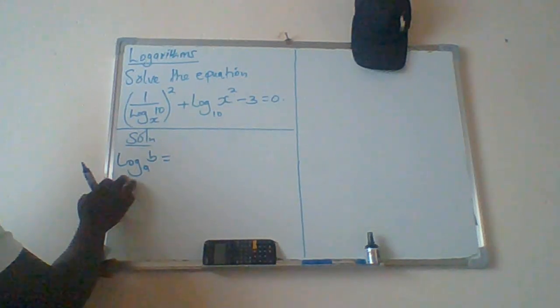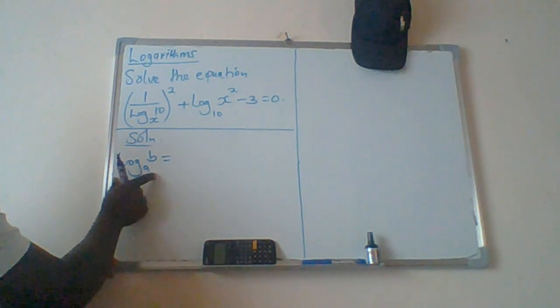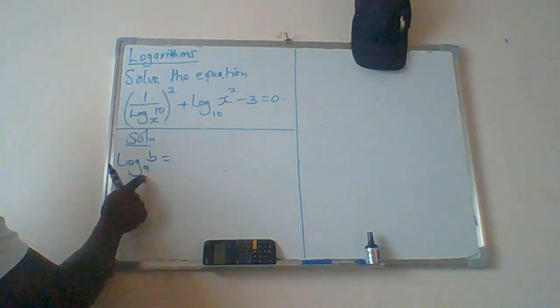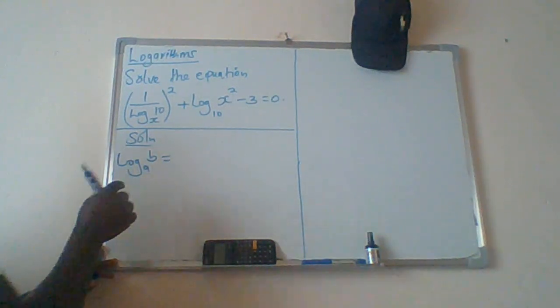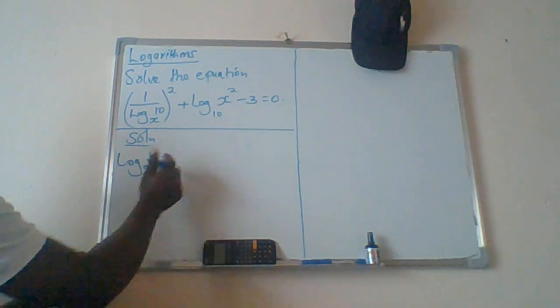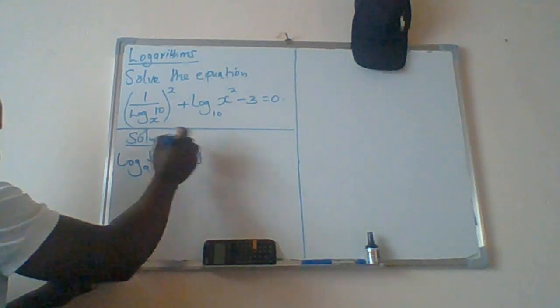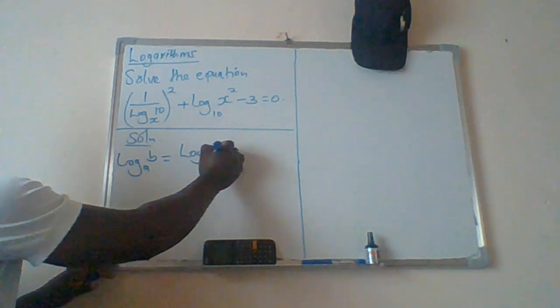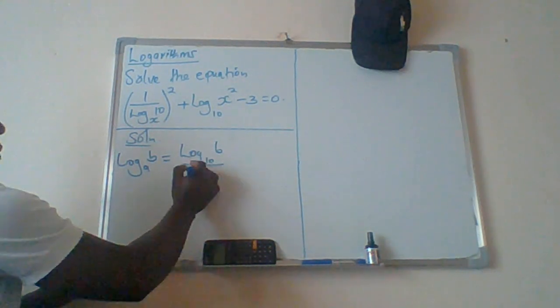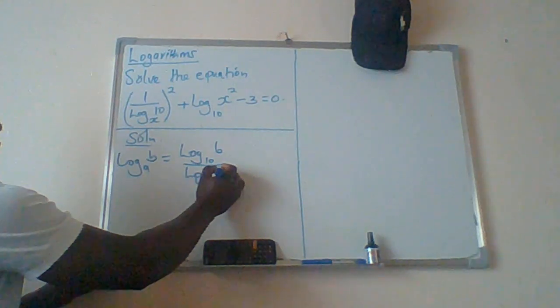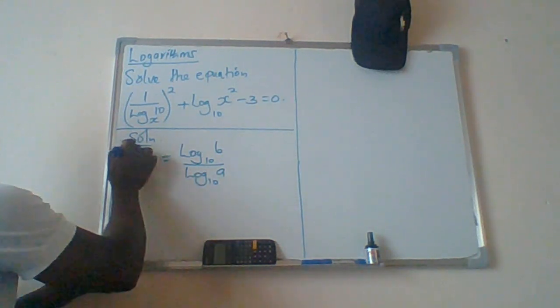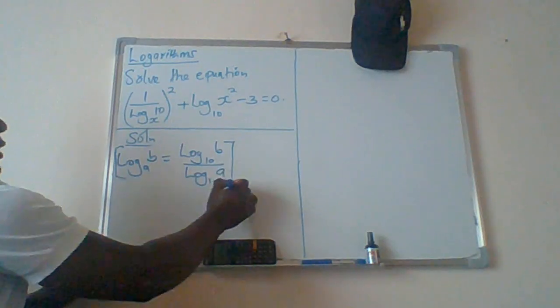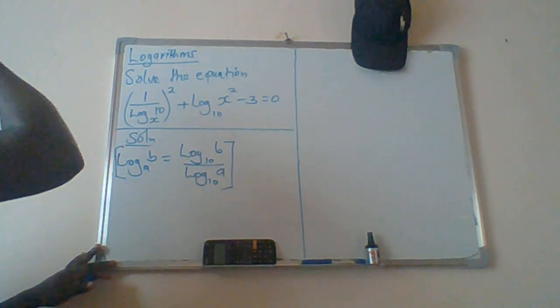If we have log b to base a and we want to introduce base 10, this will be equivalent to the logarithm of b to base 10 divided by the logarithm of a to base 10. This is what we refer to as the change of base rule.